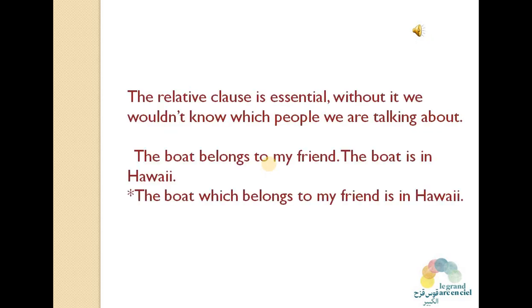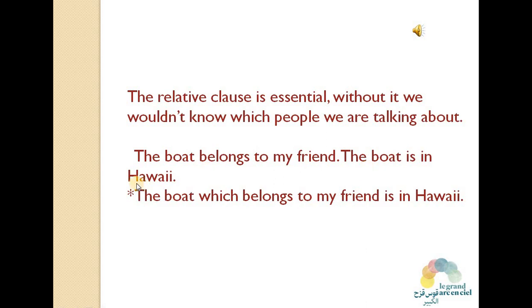Let's have a look at another example where the relative pronoun is subject and the relative clause comes after the subject of the sentence. The boat belongs to my friend. The boat is in Hawaii.